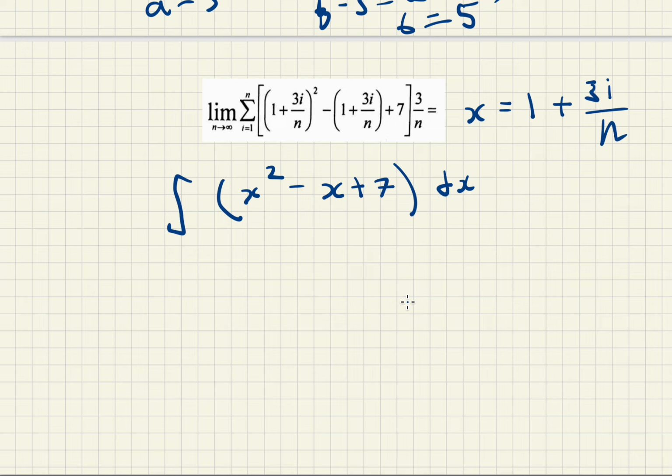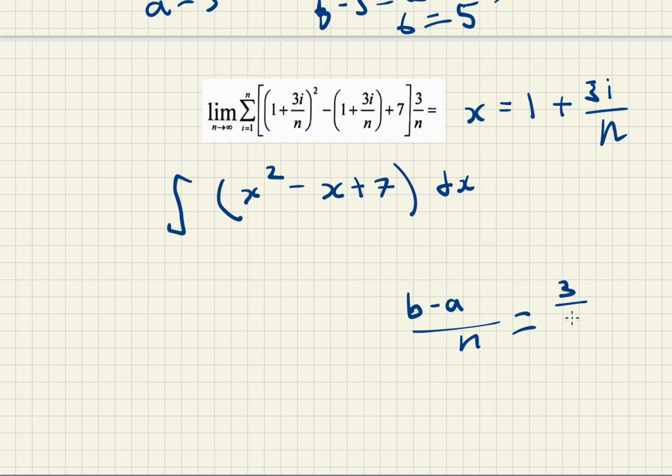Our second step was identifying that b minus a over n is equal to our height. In this case, our height is similar. It's 3 over n because it is the term with a constant over n.